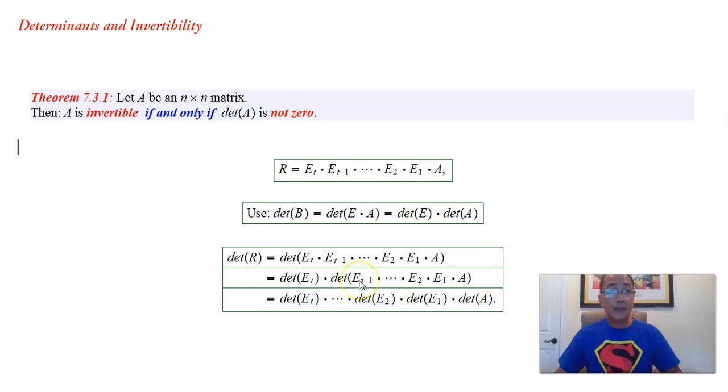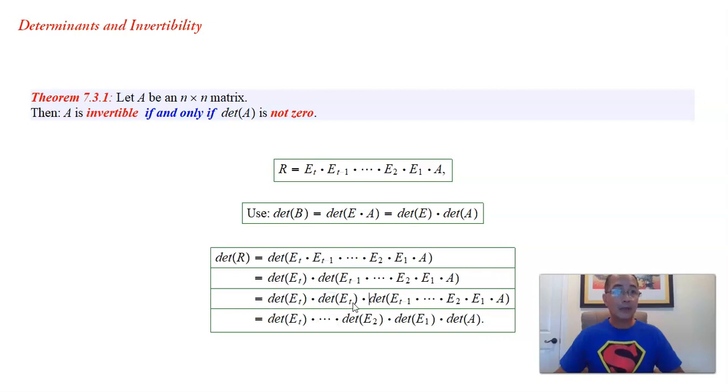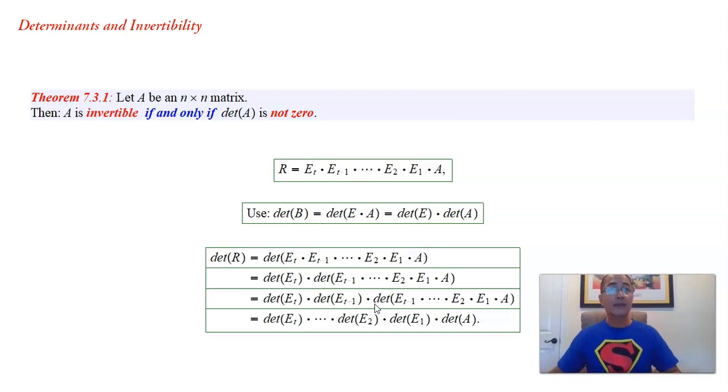Now we have E_(p-1), another elementary matrix, so we can take that out of the product. So let's make another line. So we can take out E_(p-1) from the determinant. I will make another copy of that, and I will change the subscript to E_(p-1).